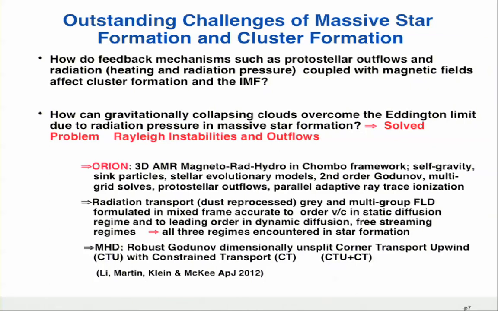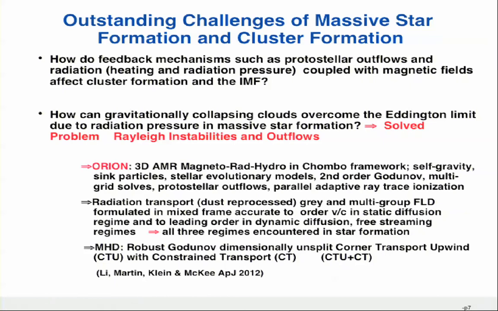Furthermore, an outstanding question, which we believe we've now solved, is how can gravitationally collapsing clouds overcome the so-called Eddington barrier that, due to radiation pressure, would prevent the formation of a high-mass star? And we believe that we've shown now how that problem gets solved through a combination of Rayleigh-Taylor instabilities and outflows during the formation process.